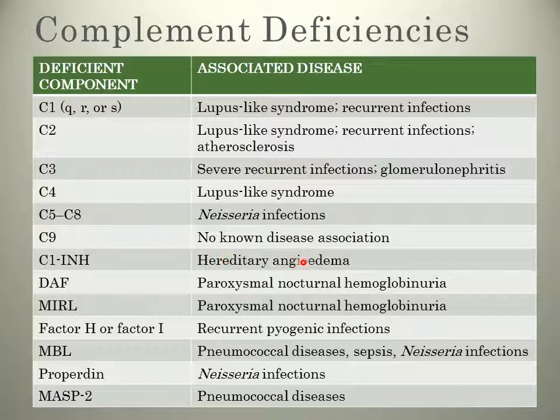That's the hereditary angioedema case study, and on down the road. So take a look at these and in your own mind correlate what you know about that factor or that component in the complement system and how and why it might relate to some of these diseases that are associated with its deficiency.